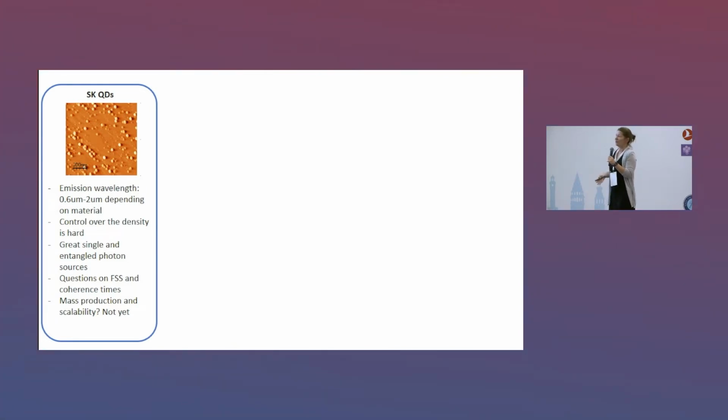But there were always challenges. We wanted to control the density of those quantum dots in order to address those single individual quantum dots. But we knew at the same time, once we managed to do this with one particular system of quantum dots, that they present to be very amazing single photon and entangled photon sources.